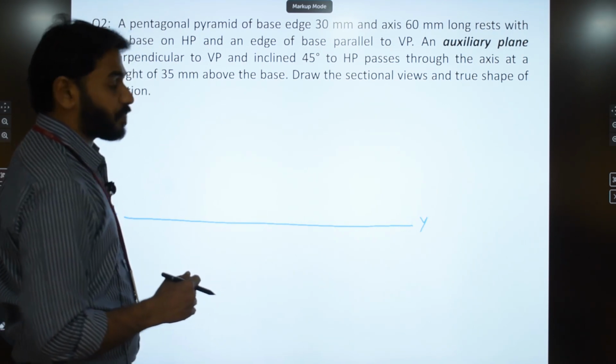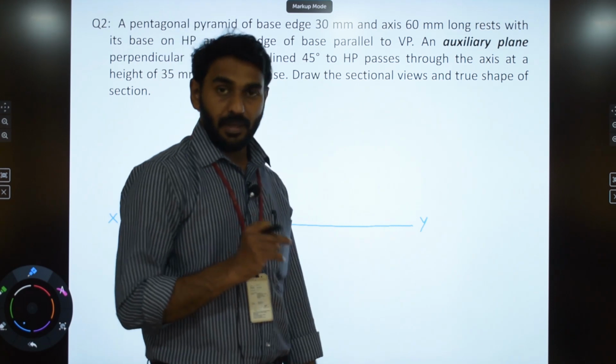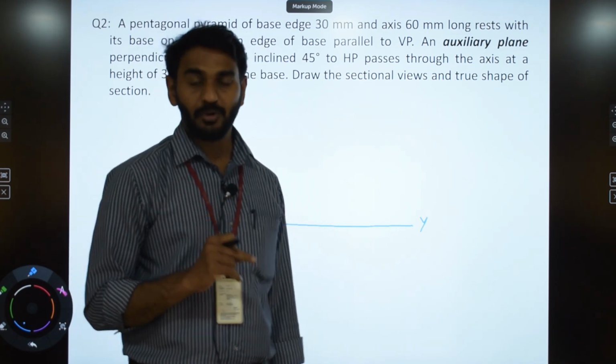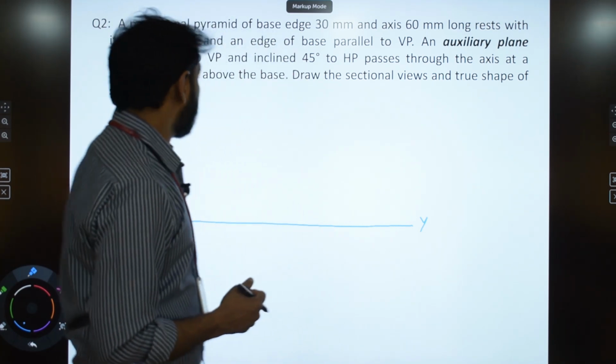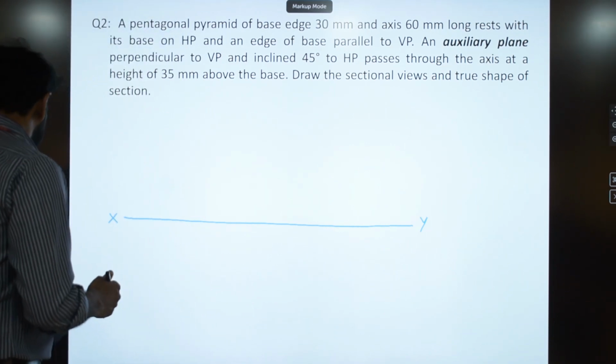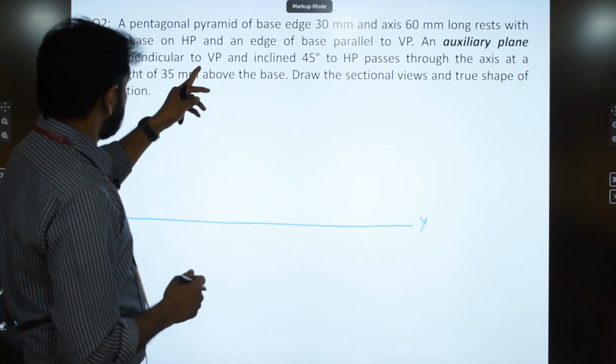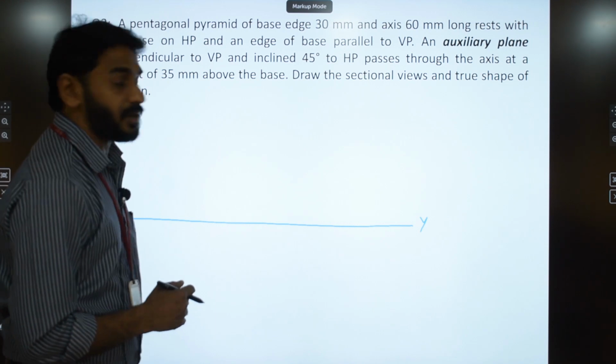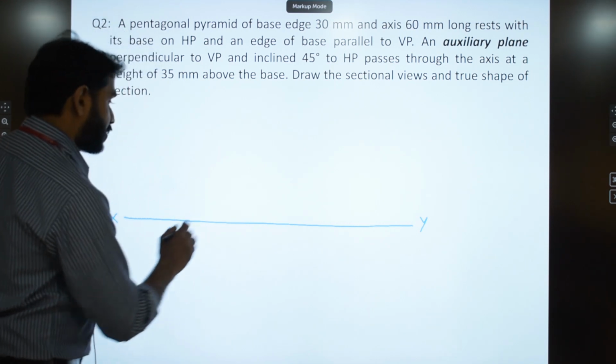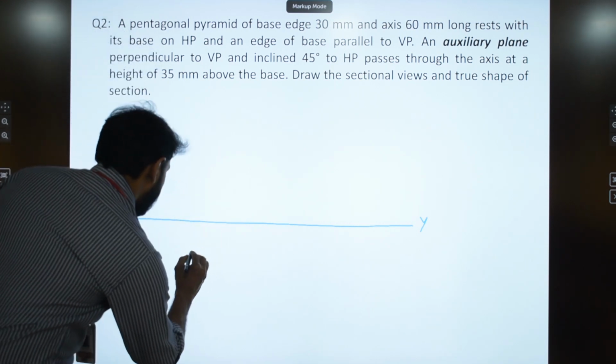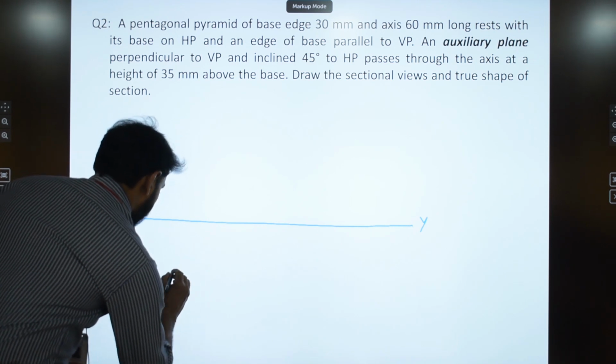It is resting on HP on its base, so here you can see the true shape of the base in the top view. So you have to begin with the top view of the pentagonal pyramid. And there is one more condition: one of the base edges is parallel to VP. So you have to start by drawing one base edge parallel to the XY line.